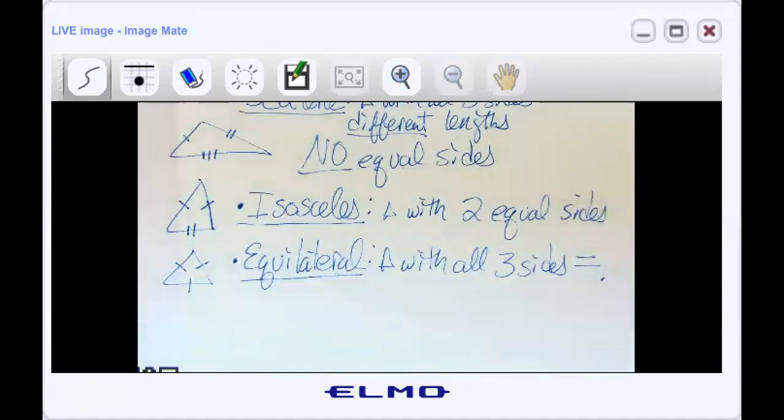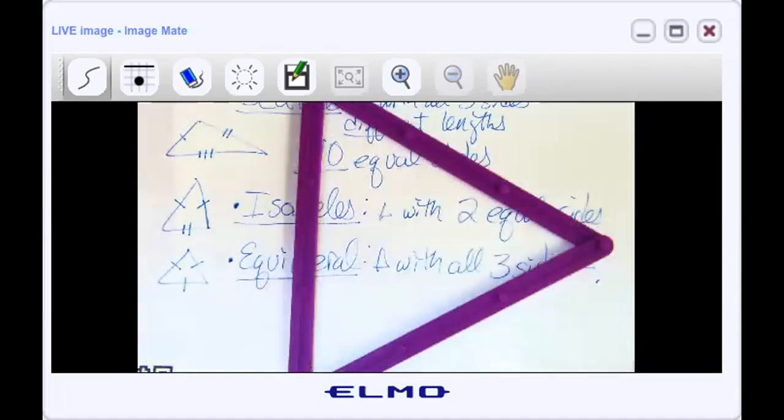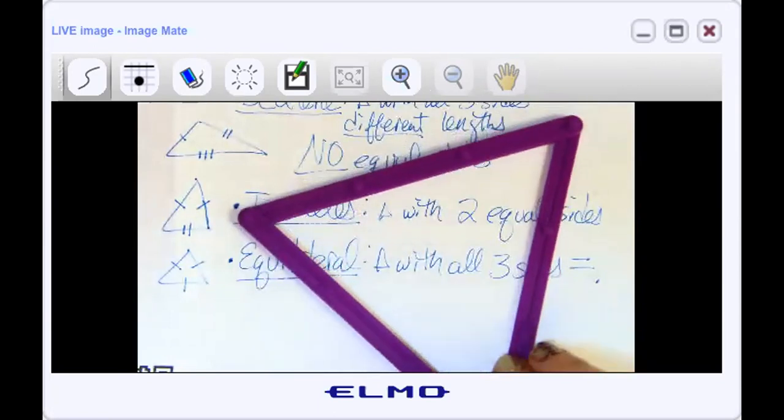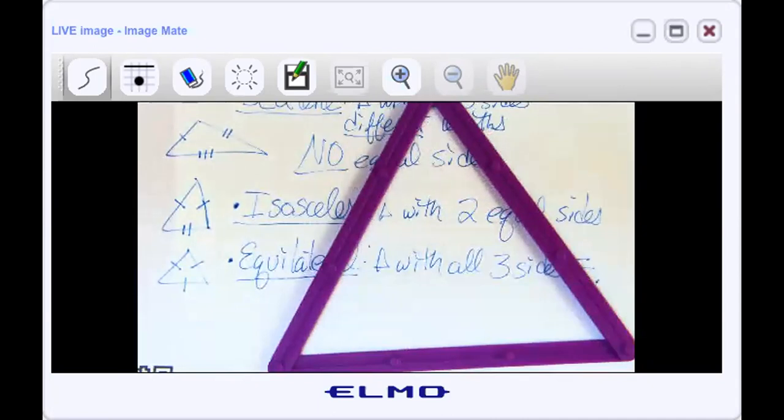I'll show you with my little sticks here. I just got to get out the purple. Ta-da! There they are. Equilateral triangles are so nice. There's so many cool things about them. We'll be talking about that. This is a thing that you might not know.